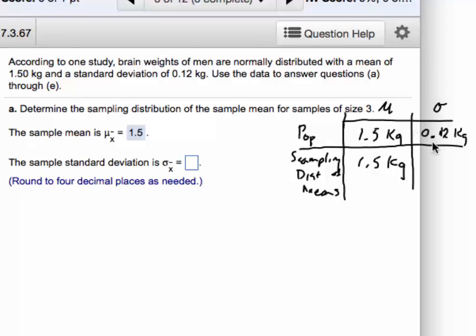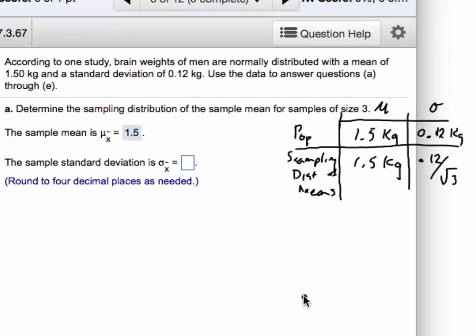Is it going to be less or more than this? Less, right? Because when you start taking samples and take the means, those are going to tend to be closer to the mean. So it's going to be less by dividing by the square root of 3.